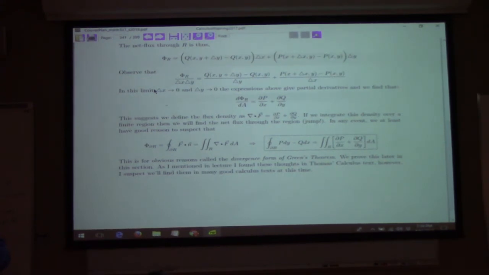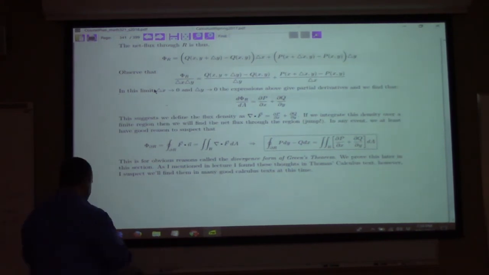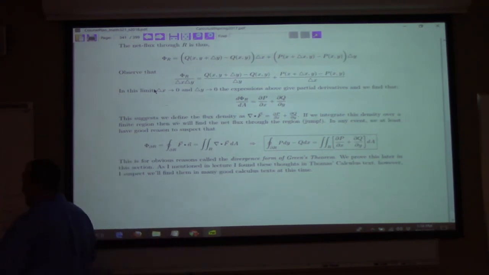This was not the Green's theorem I wrote down last time for you guys. What was the one I wrote for you guys last time? Do you guys remember?